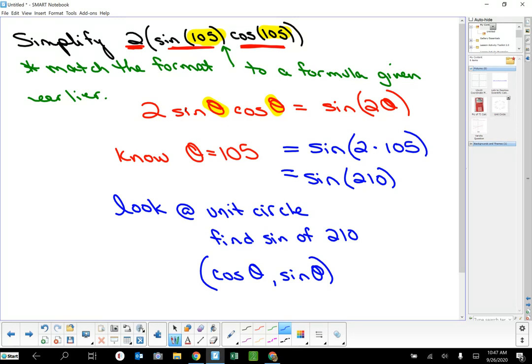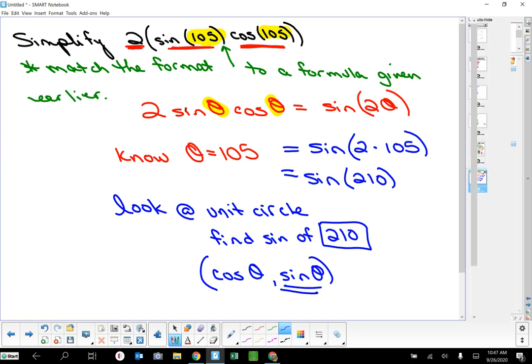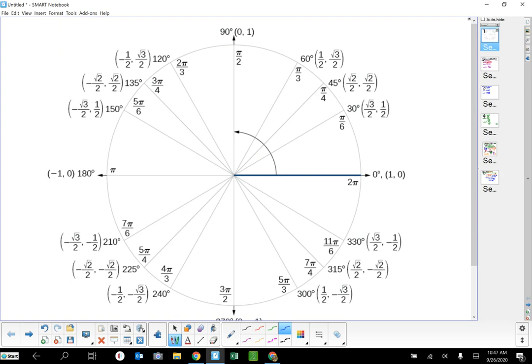Okay, so I'm going to flip back to my first screen, and we're going to go to the unit circle. We're going to go to 210 degrees, and find the y-coordinate, okay? So the sine of 210 is negative 1/2.